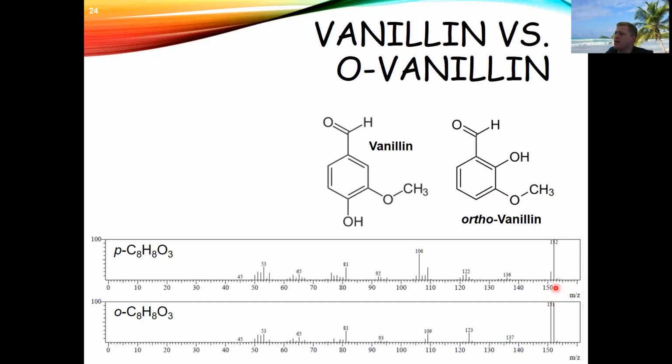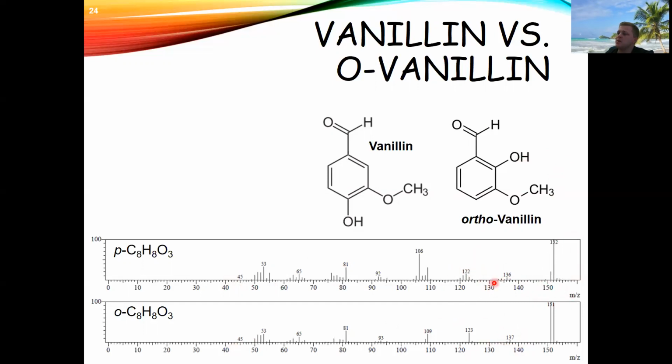But beyond that, you can see that these mass spectra are not exactly the same. They're similar, but in vanillin, you get this big fragmentation peak at 136, whereas in orthovanillin, there's a peak at 137, maybe a small peak at 136, but they look different.